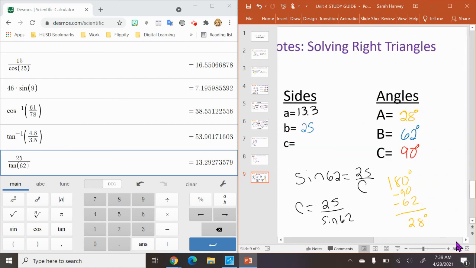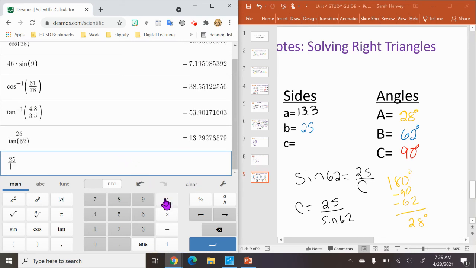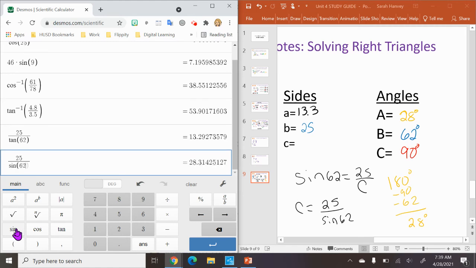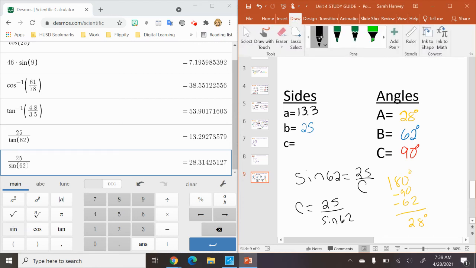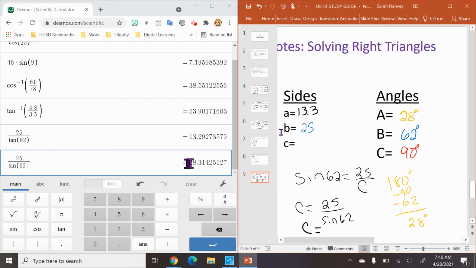There we go. And so let me hit enter. We're going to have 25 divided by the sine of 62. And so we got our c is, let's say 28.3.